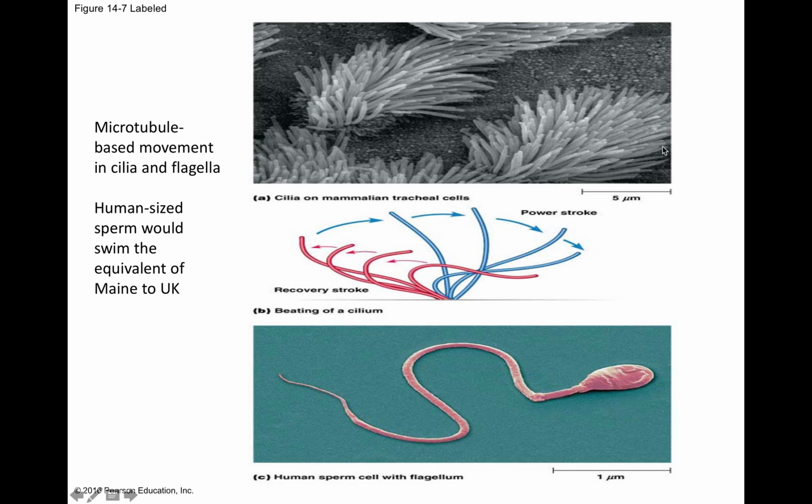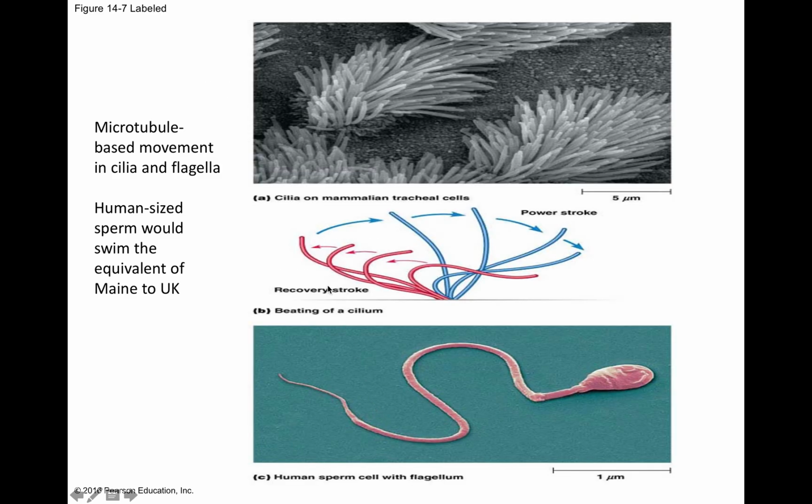These are the cells that can be damaged by smoking or vaping, for example. So you have less of an ability to clear things from your trachea. These are powered by microtubule movement, and so motor molecules, kinesins and dyneins on microtubules, as is the tail of a sperm cell.